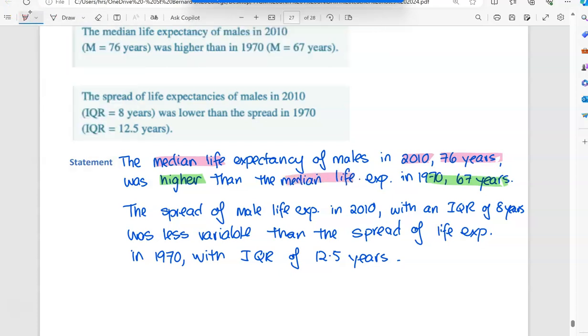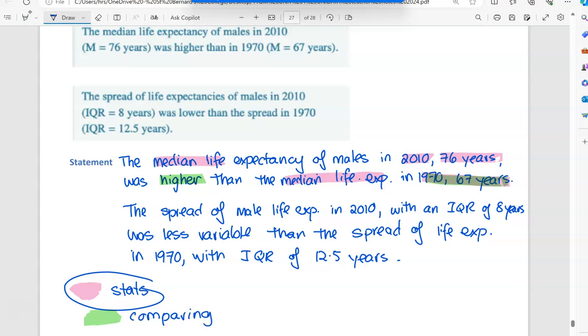Okay, so the median life expectancy was there. What we're going to write down here, pop in that the pink is where we're talking about the stats. The other thing we'll be looking for is the green, which is the comparing word.